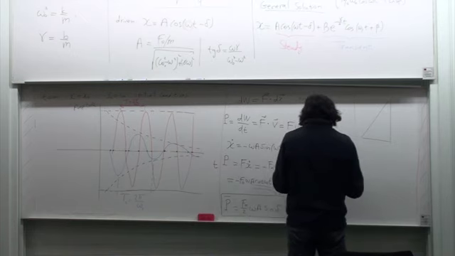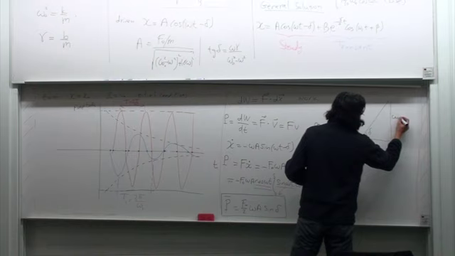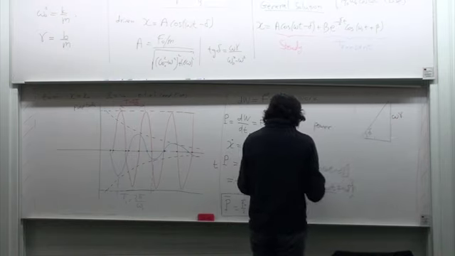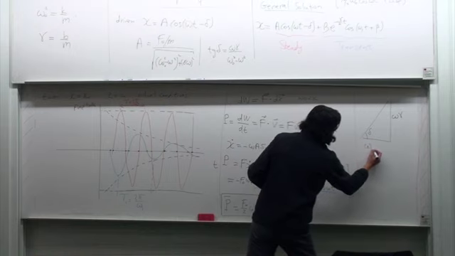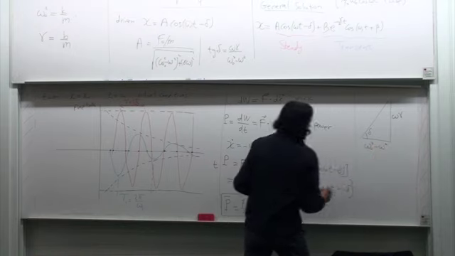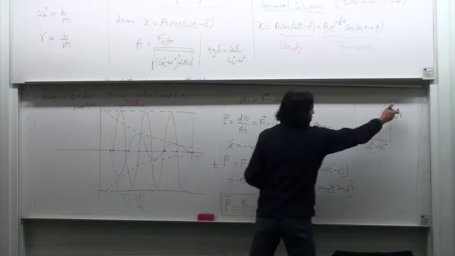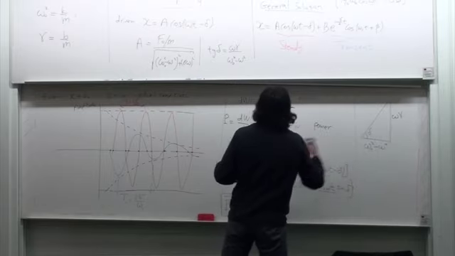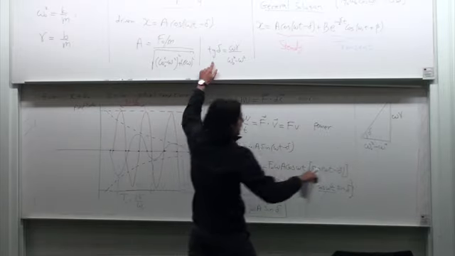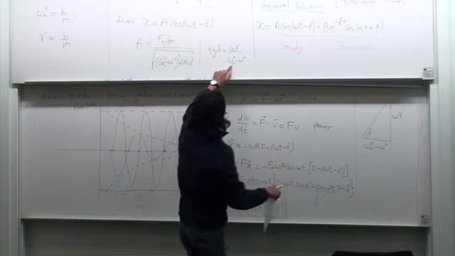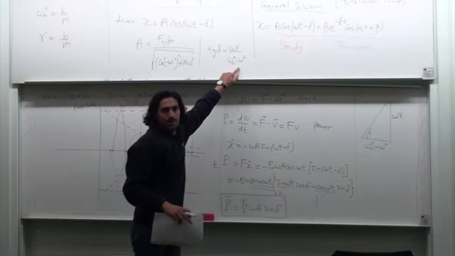Right? This is delta. This is omega gamma. This is omega 0 squared minus omega squared. Now we know the tangent, right? Tangent delta is omega gamma over omega 0 squared minus omega squared.